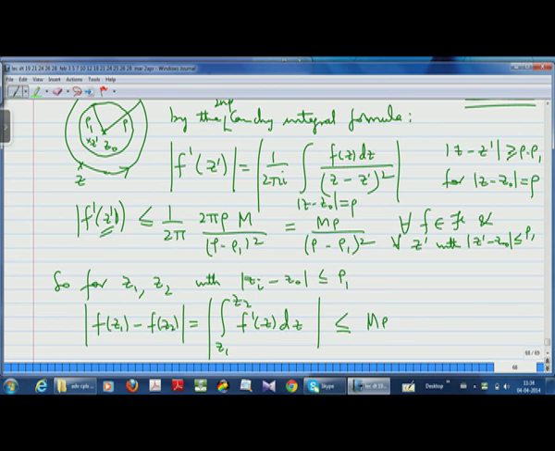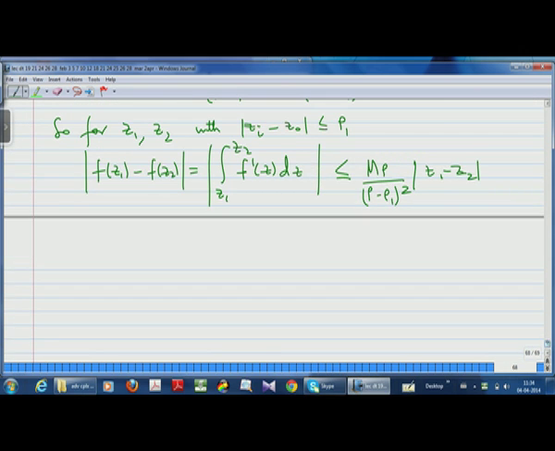So I will get m rho by rho minus rho 1 the whole squared, this is the bound for f dash of z. And the length of this contour from Z1 to Z2 is just the length of the line segment from Z1 to Z2 that I am choosing, and so it will be mod Z1 minus Z2. This is what I get. Okay, so now that's it.